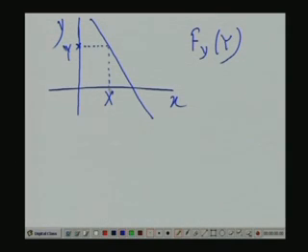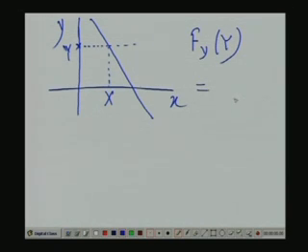On the other hand, if I go to the right of capital X, the whole straight line remains below capital Y. So, that means I have to consider the range of x starting at capital X and going to the right.